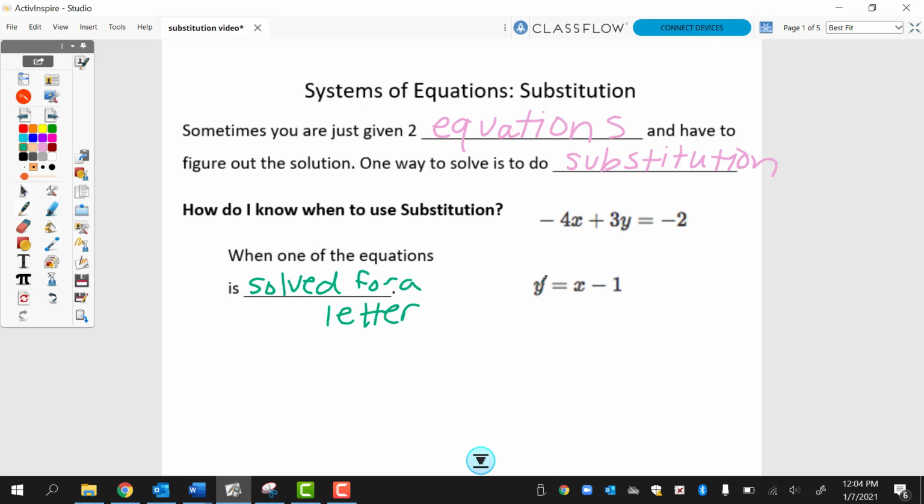But this second equation says y equals and then everything else is on the other side. So when I say it's solved for a letter, that's what I'm talking about. Y is alone and everything else is on that side of the equal sign. So that's how I know it's a good time to do substitution.